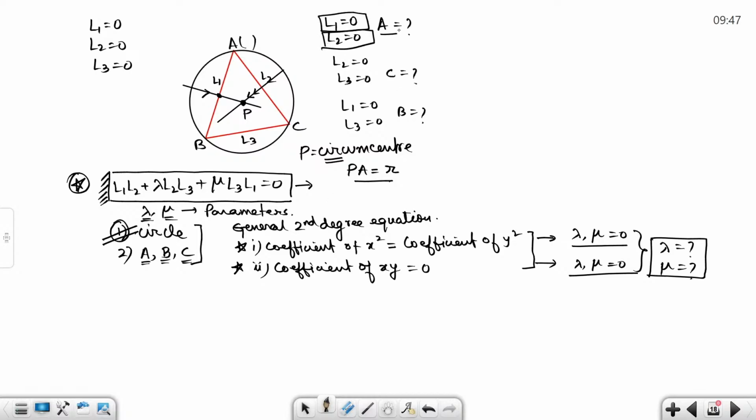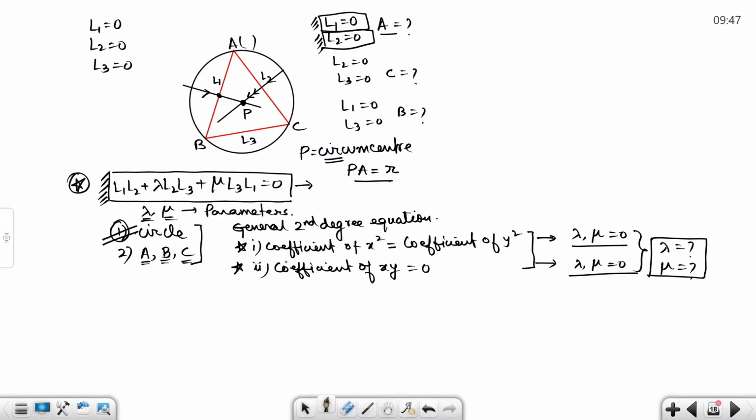That is, if I put the coordinate of A in this equation, you are going to get the value of those equations equals to 0. Naturally, it will satisfy those two equations because A you actually got by solving these two equations, right? So naturally, if I put that coordinate in that line, it is going to satisfy.